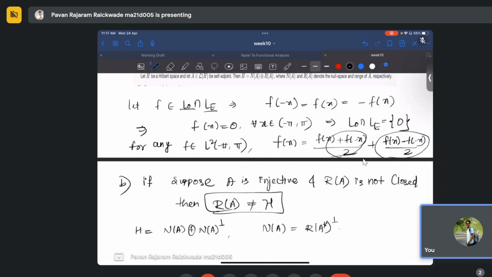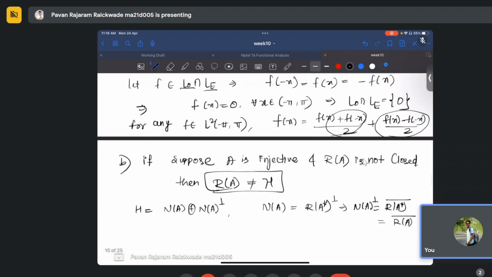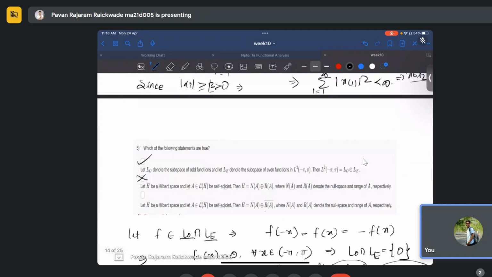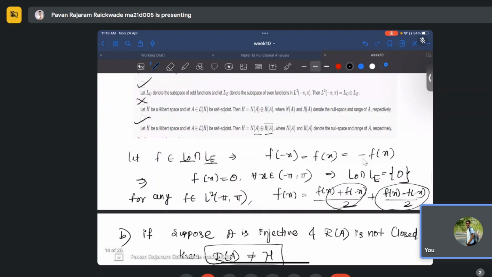But if A is the same as A star, we have this, and hence it follows. That's all. So option C of the fifth one is correct.